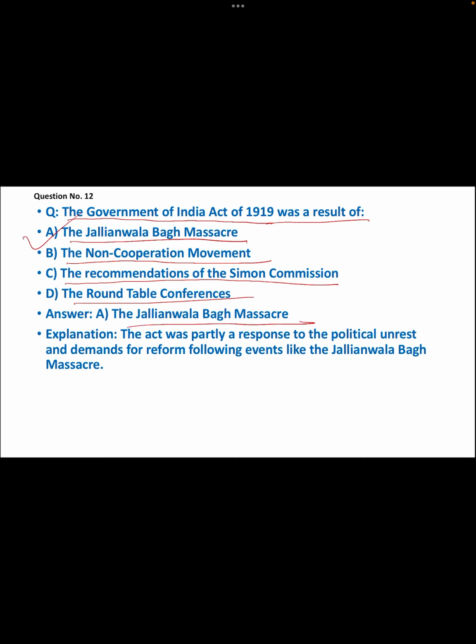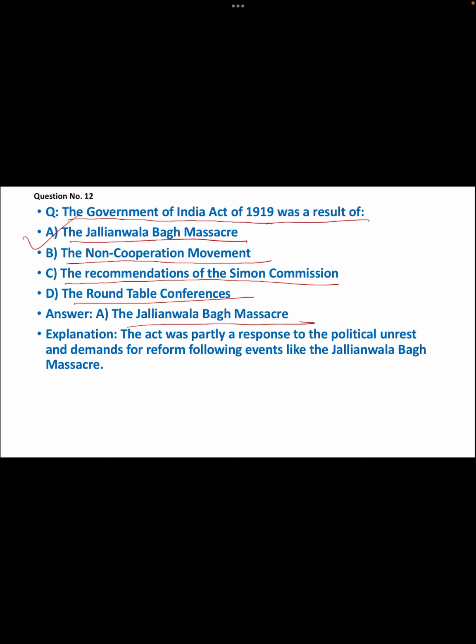Jallianwala massacre. So you might be familiar with this biggest event in modern Indian history. In fact, this event took place on April 13, 1919.